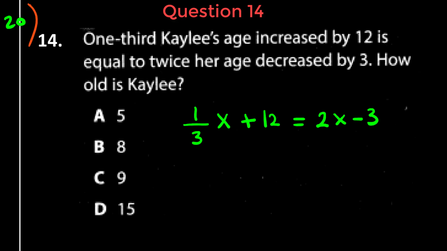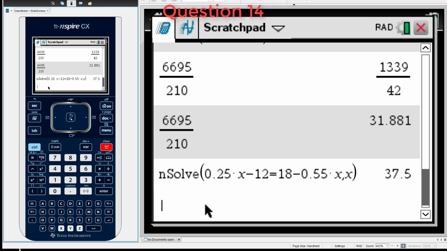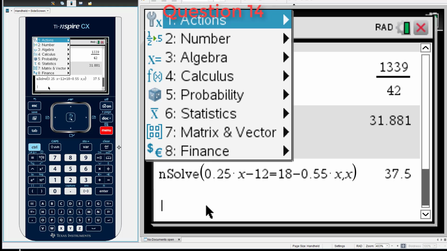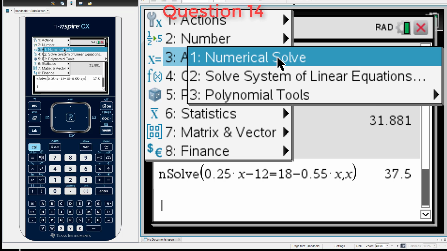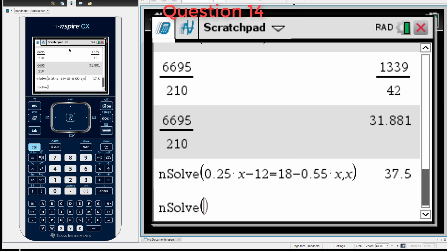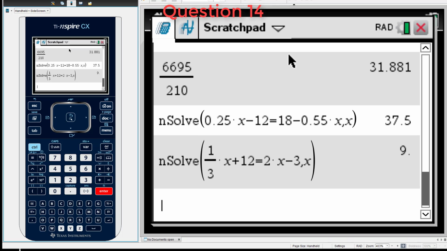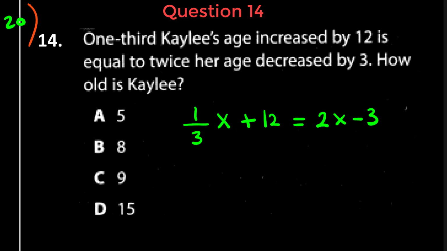To solve this equation, we will just put it in our nSolve function on our Nspire calculator. So again, we will go to Menu, Algebra, and Numerical Solve, and we will write down our equation, which gives us 9 as the age of Kaylee. So C is our answer.